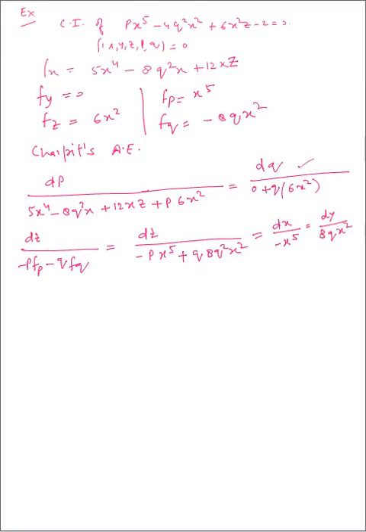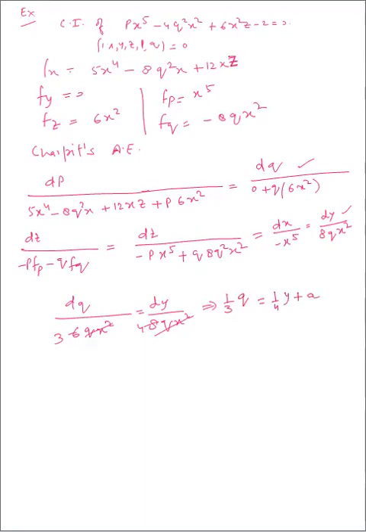We see which we can take. These two are easy to solve. So we take dq upon 6q x square is equal to dy upon 8q x square. This cancels out. So here 3, here 4. So 1 by 3 log q is equal to 1 by 4 (y plus a).